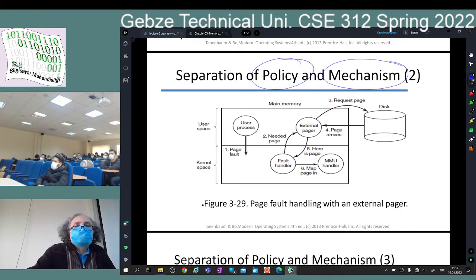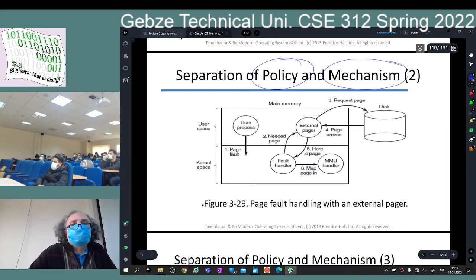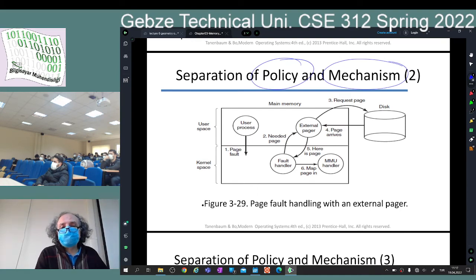So this is kind of operating system independent, hardware independent, kernel independent code. That's another nice thing about this one. Suppose you have changed your CPU, you have a new MMU, you have a new TLB structure, your external pager will not care about it. That's the other nice thing.